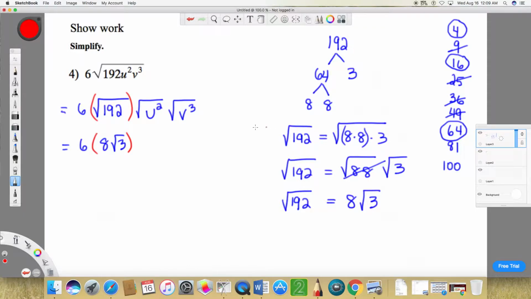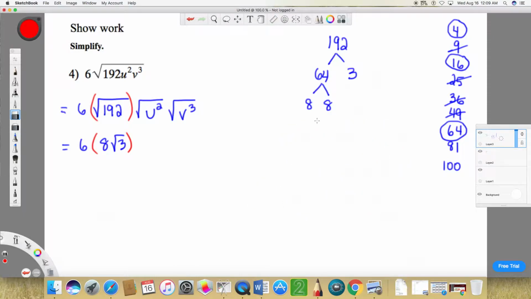Something to think about. You're going to get the same final answer that we do, even if you do have this huge tree. All right, so I'm going to erase this work.